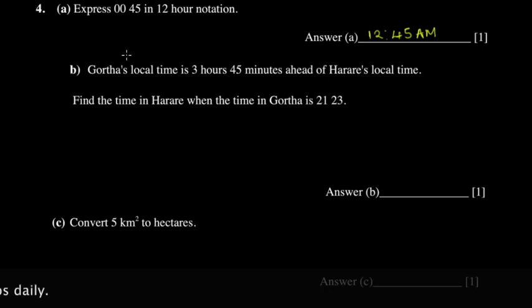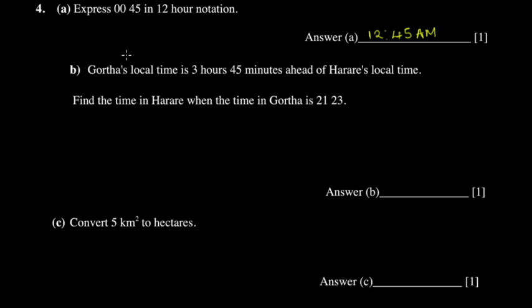Gotha's local time is 3 hours 45 minutes ahead of our local time. Find the time in Harare when the time in Gotha is 21:23. Okay, so this is 24-hour notation. So Gotha's time is 3 hours 45 minutes ahead of Harare local time. So Gotha's time is ahead.